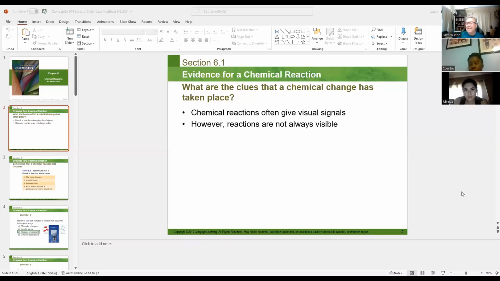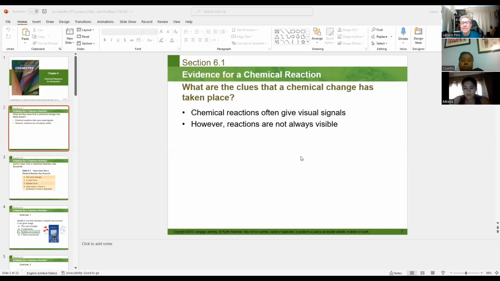I was telling Connie about the different clues of a chemical reaction. I told her about change of temperature, a change of color, a smell, bubbles, precipitates, sound, and also light.